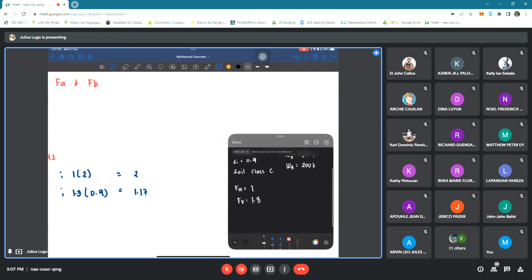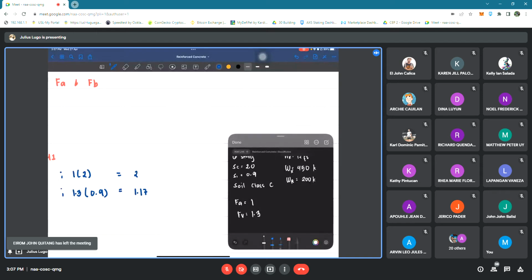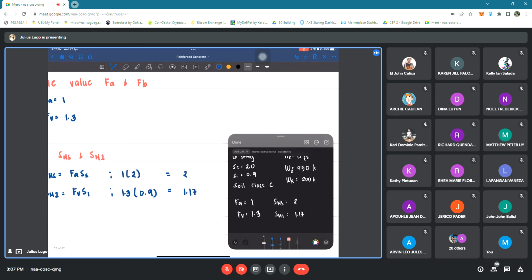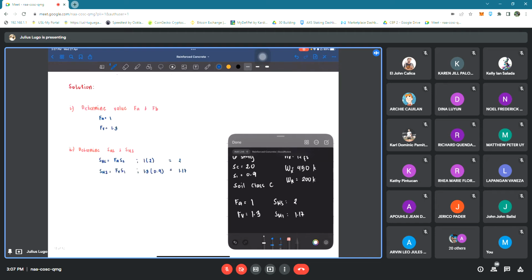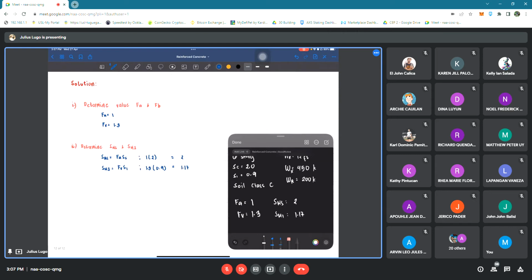So isusulat ko na lang here your SMS and SM1 value. Okay, so this is 2 and this is 1.17. So we now have the SMS and SM1 value. What's the next step? The next step is to determine your SDS and your SD1.